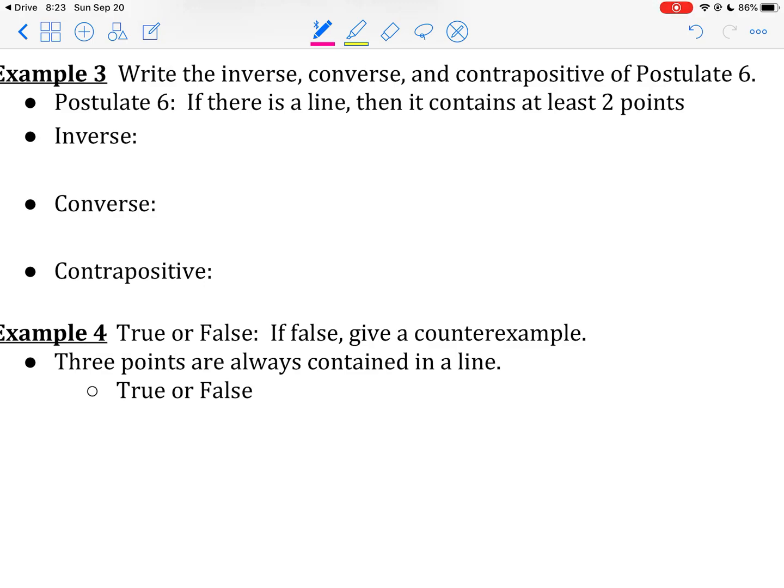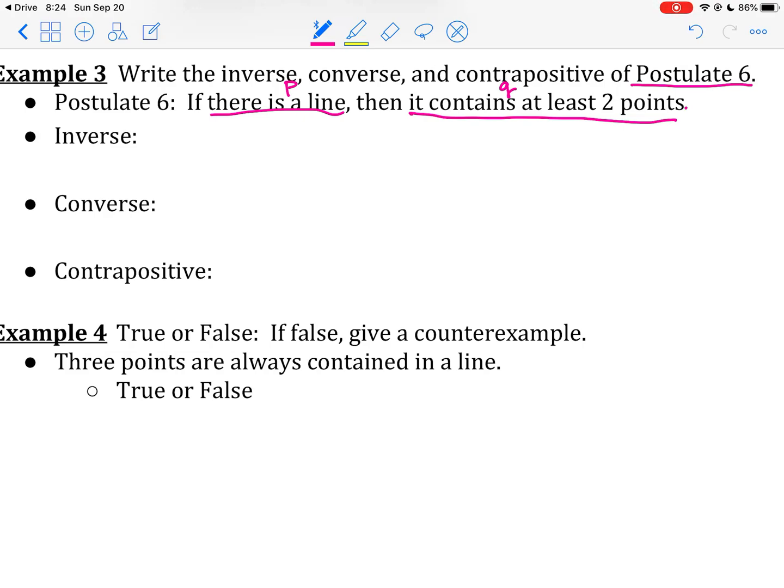All right, so here we have write the inverse, converse, and contrapositive of postulate 6. So on the previous postulates that we looked at, postulate 6 said if there is a line, then it contains at least 2 points. So here, if there is a line, that's going to be like our original hypothesis. It contains at least 2 points. That's going to be our original conclusion.